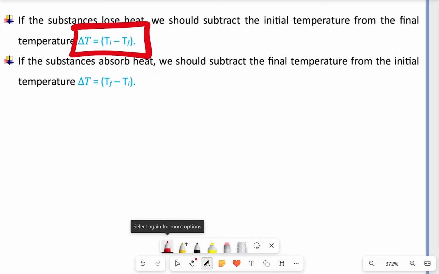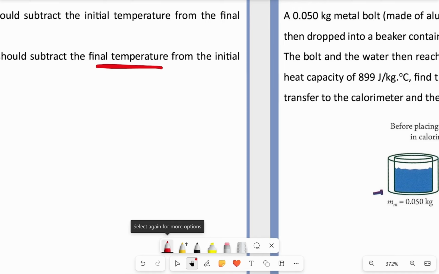If the substance absorbs heat, we subtract the initial from the final temperature, so T final minus T initial. Make sure to memorize these 2 notes, as you will be needing them in solving questions.